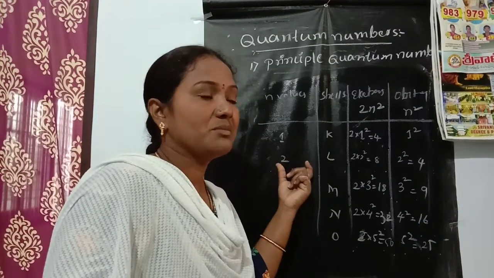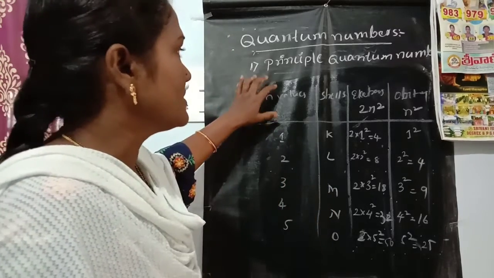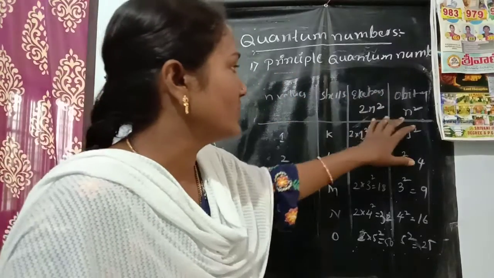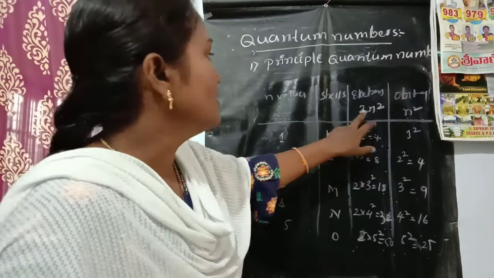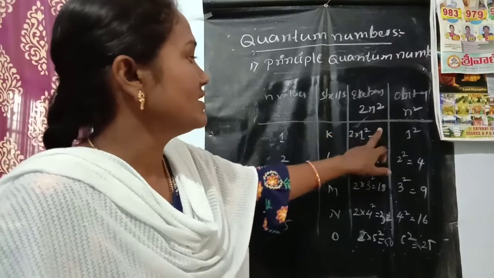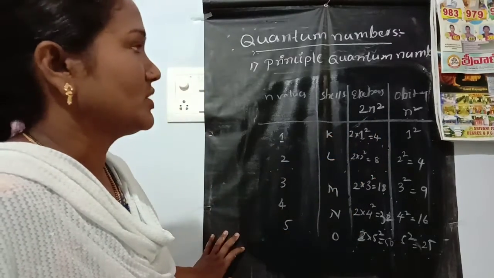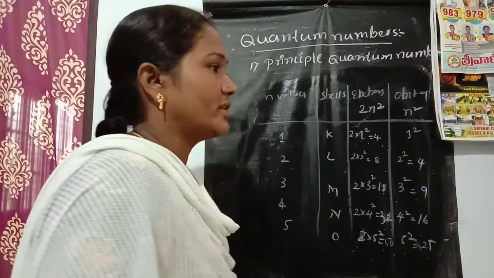The principal quantum number describes the size and energy levels. In the table, substituting n as 1, 2, 3, 4, 5 gives n square and 2n square. This is the principal quantum number. Next one is azimuthal quantum number.